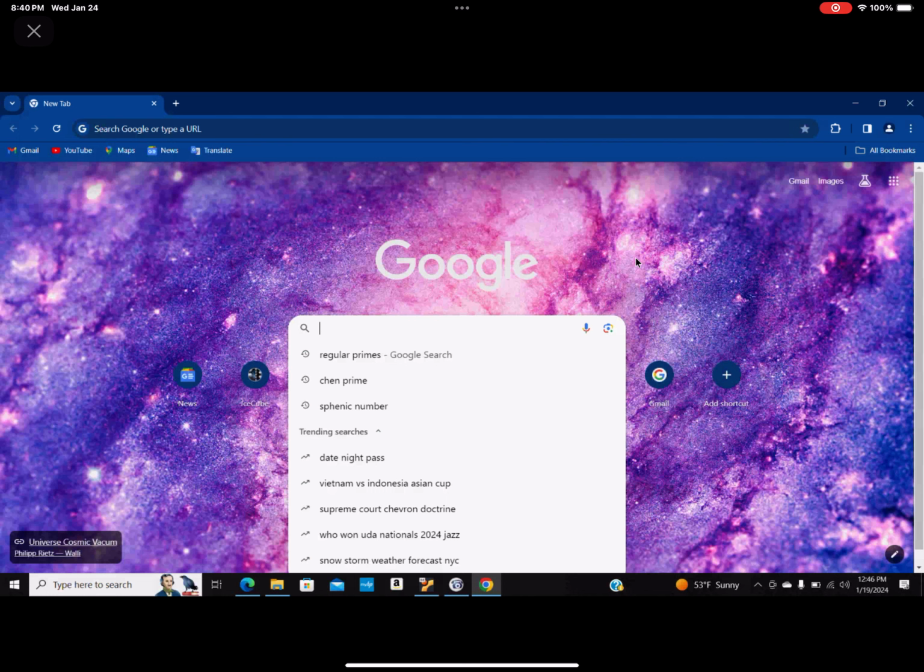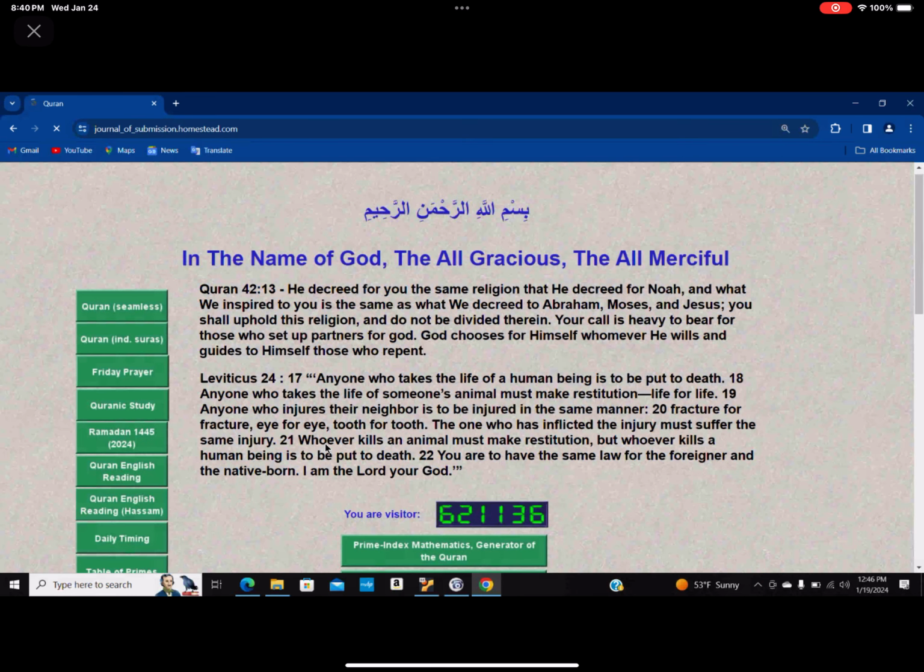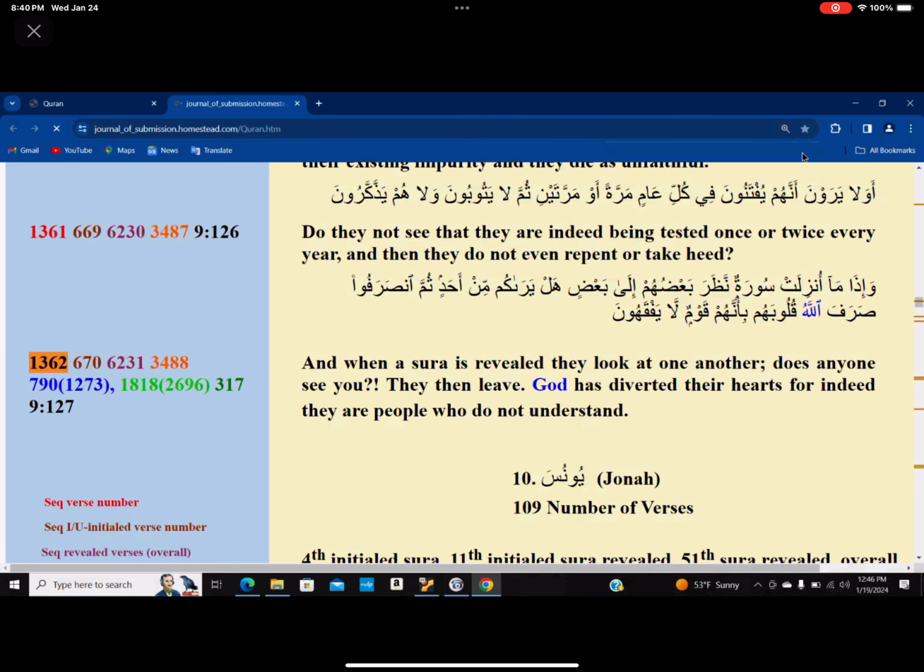We go to the Quran translation, and we type 1362 in the search box, and there we are. As you see here, the 1362nd verse from the meaning of the Quran is 9:127. So just because you did the Al-Fatiha, it comes to all of these universal facts.